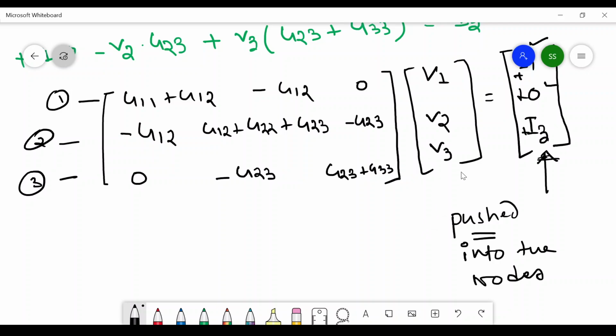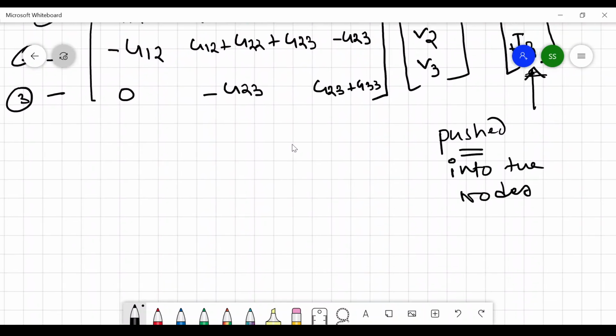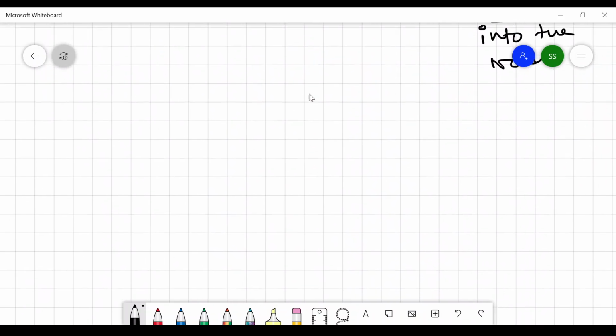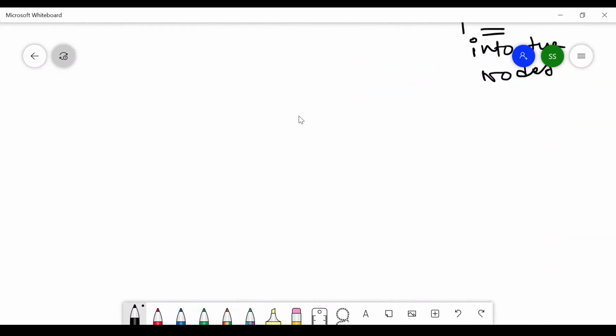So if I draw the circuit again, let's say I'm drawing the circuit again.